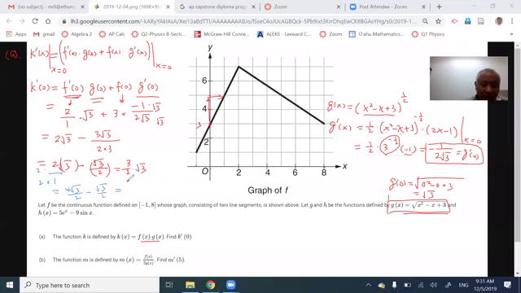So that would be equals 3 square root 3 over 2. Yeah, this is the answer, right? So that's the way we find k'(0). Okay, so we finished the first one now.